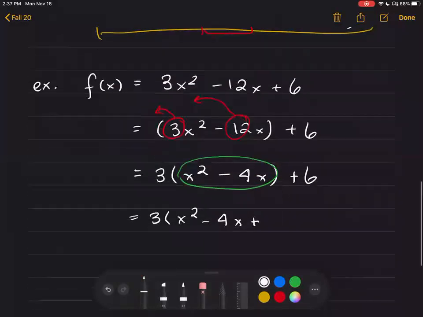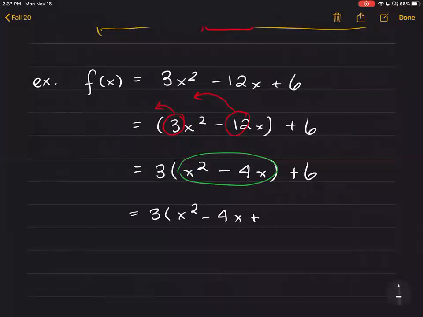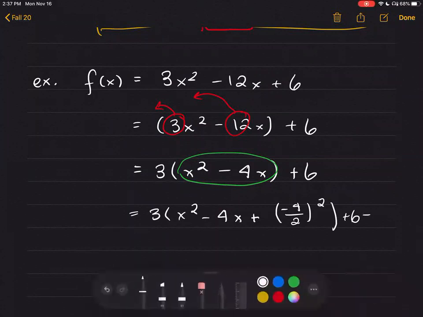So the b is going to be -4. We have -4 over 2 squared plus 6. And then because we added something in, we have to take something away to make sure that it stays equal.